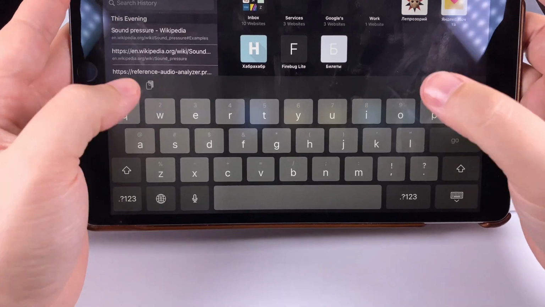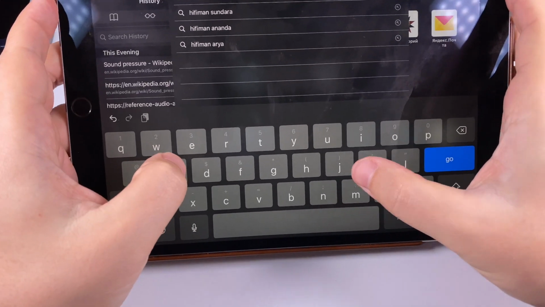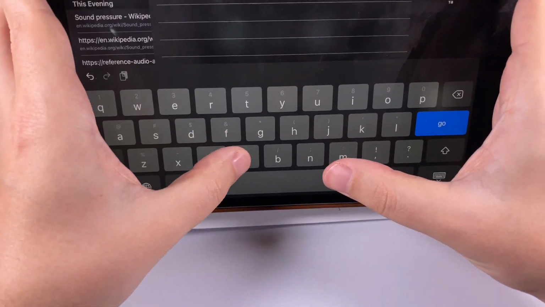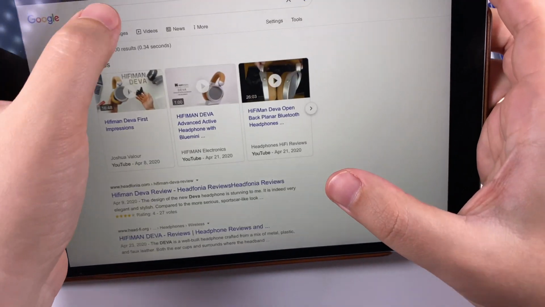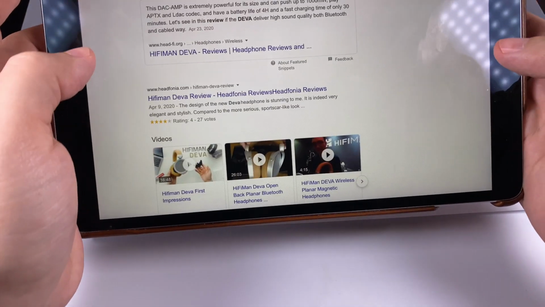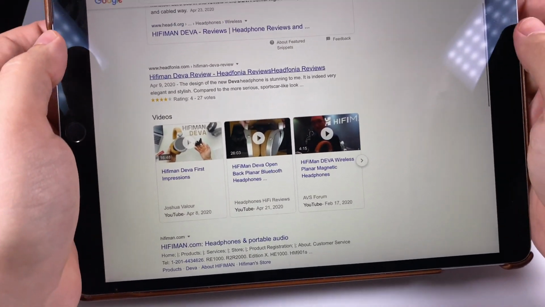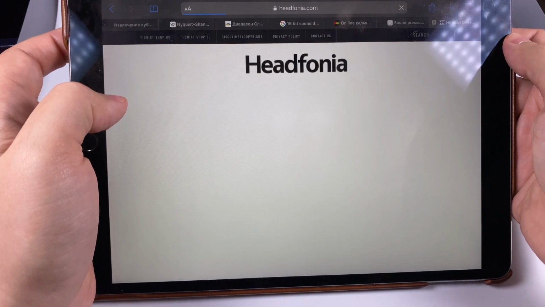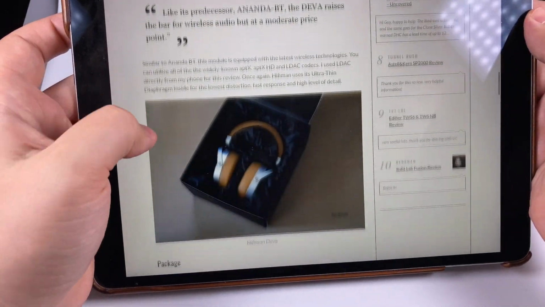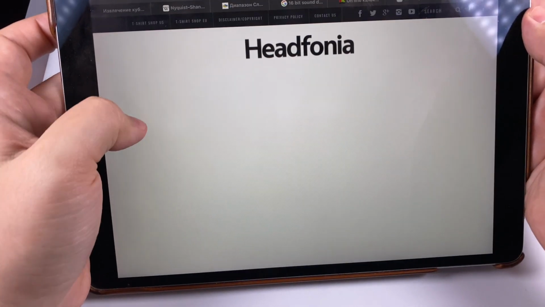I don't know, like Hi-Fi Man. Made a mistake, Hi-Fi Man Deva. We need full specs. So, does Headphonia have the full specifications about Hi-Fi Man Deva, package, design, build quality? Maybe it will be on the last page.